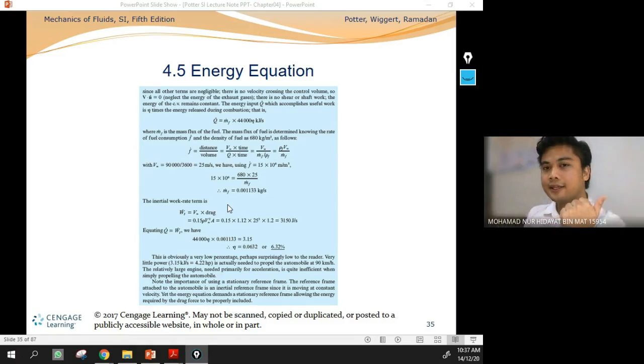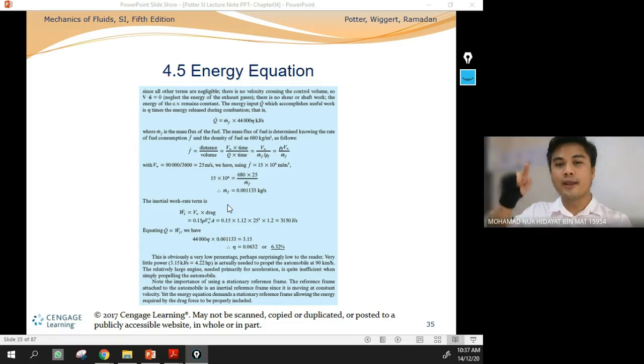In the RTT, we have two components: the change within the control volume, and the flux of property across the control surface. From the derivations, we get the conservation of mass, which is rho 2 V2 A2 equal to rho 1 V1 A1. That is the conservation of mass.